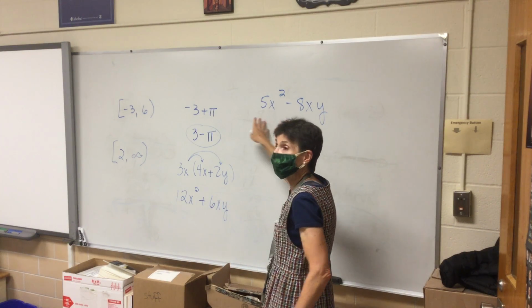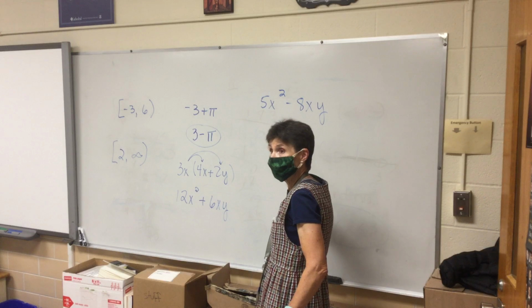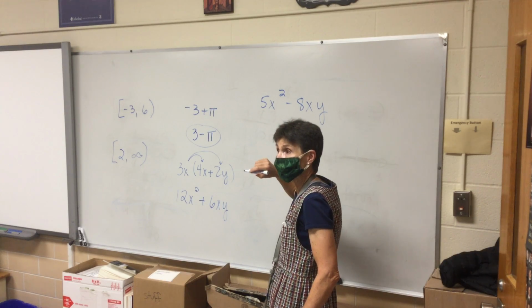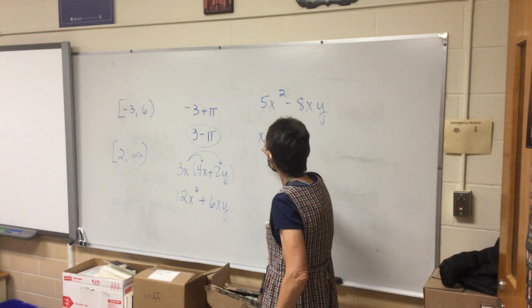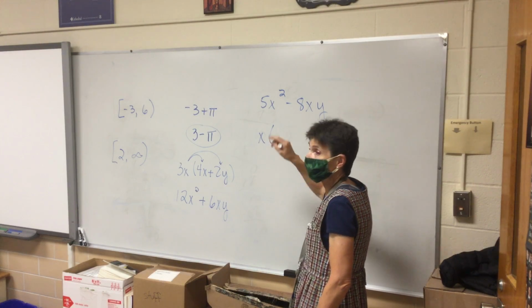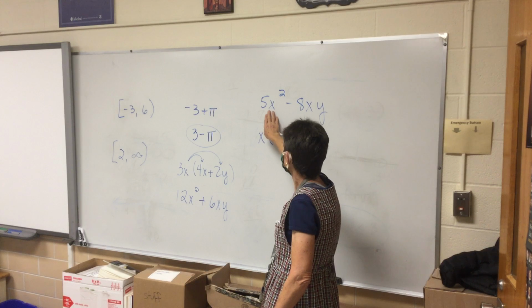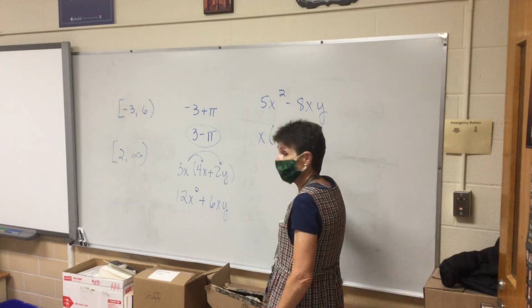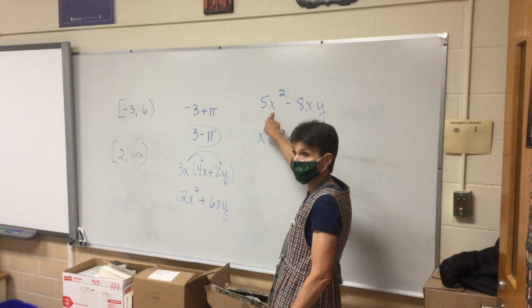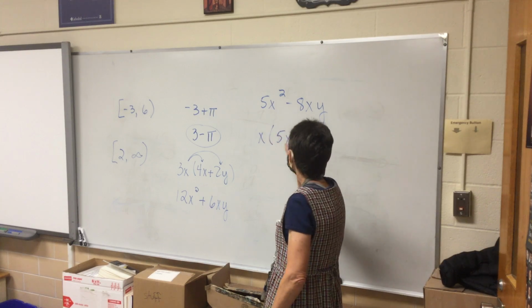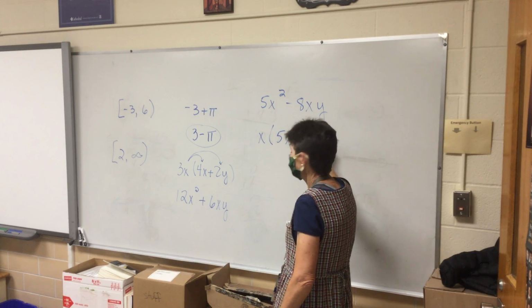So what could come out of both of these terms? An x. And if we took out an x, what would we have left? A 5x. There's 2 of them here. Minus 8y. Yep.